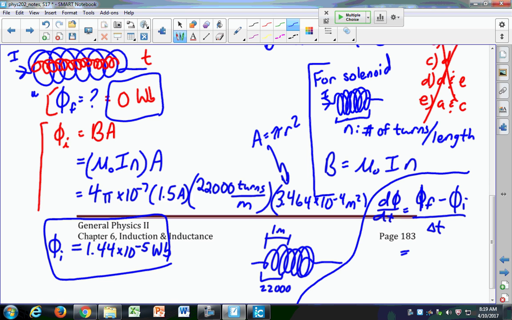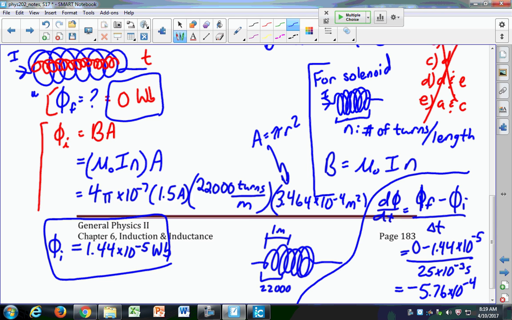And so this is 0 minus 1.44 times 10 to the minus 5, all in Webers, divided by 25 milliseconds, which is 25 times 10 to the minus 3 seconds. And that gives me a rate of change of magnetic flux equal to minus 5.76 times 10 to the minus 4.